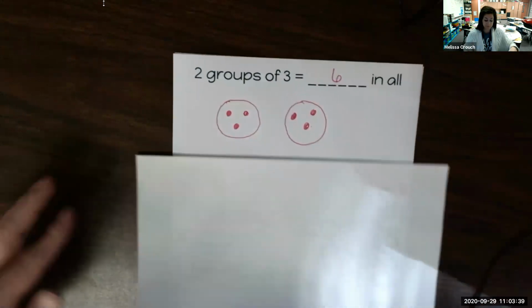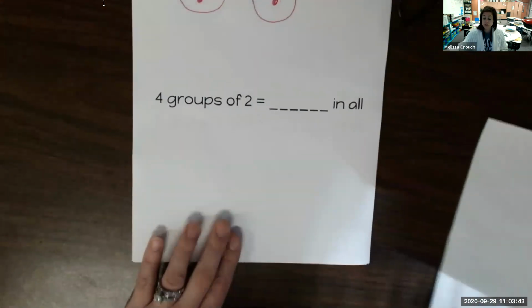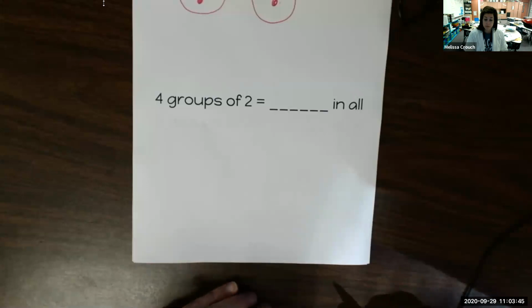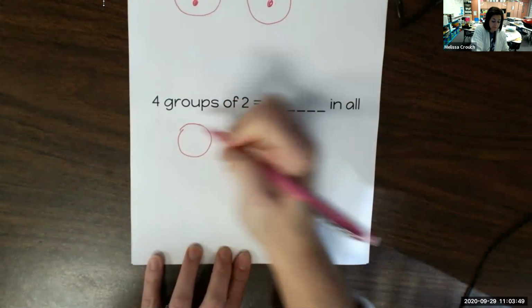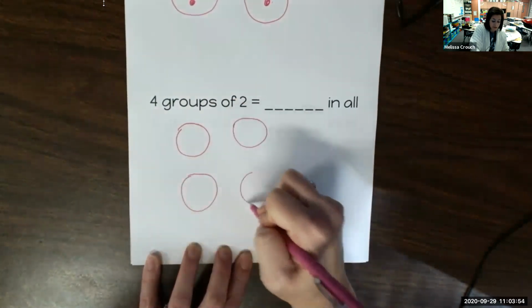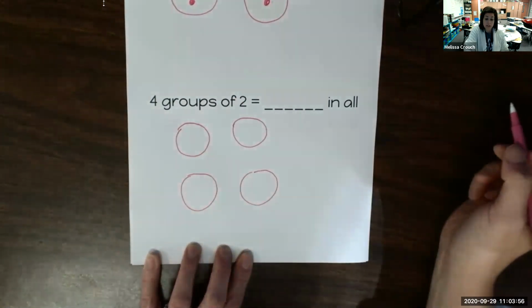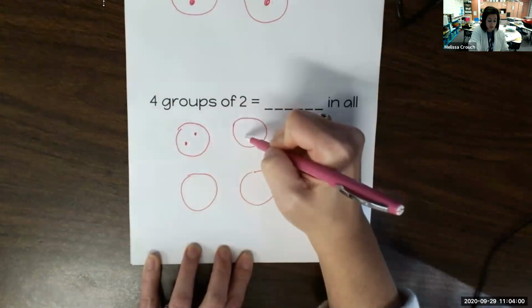Let's try another one. 4 groups of 2. So how many groups? 4. I have 4 groups. 1, 2, 3, 4. How many are in each group? 2.